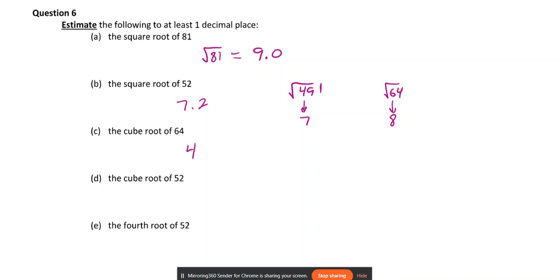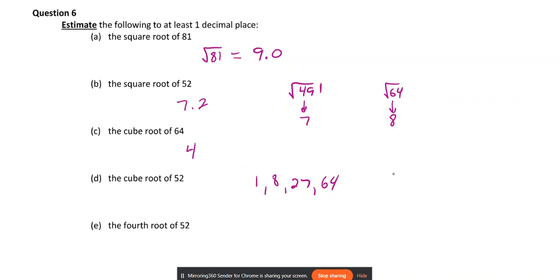Okay, this one might be a bit tougher. We have to write out our perfect cubes now, not squares. So let's write out a few. There's 1, 8, 27. What's the next one? 64. Okay, so we want 52.